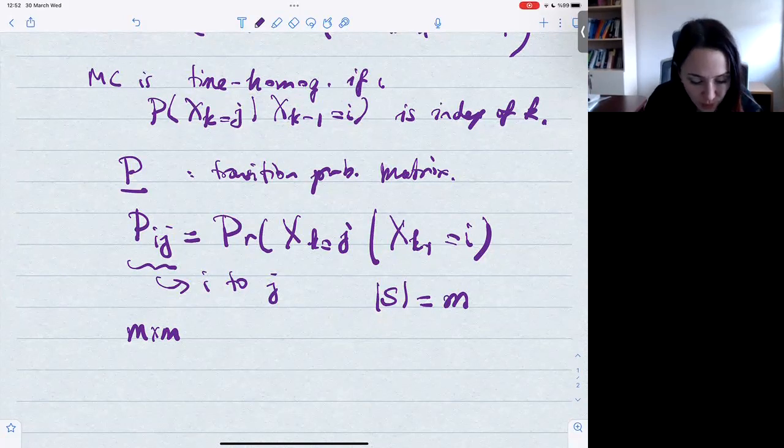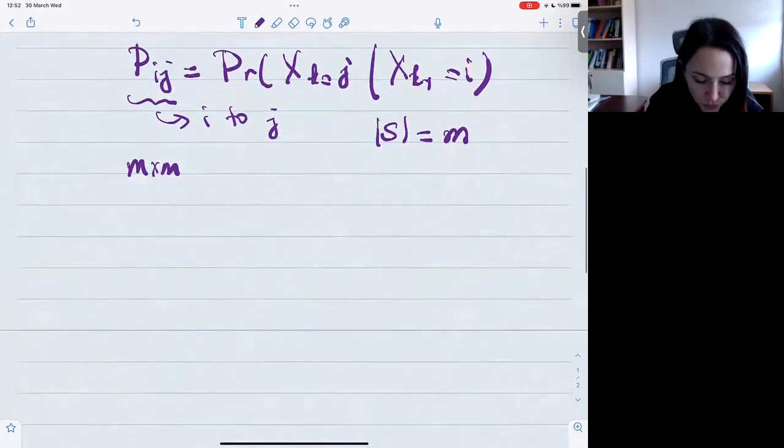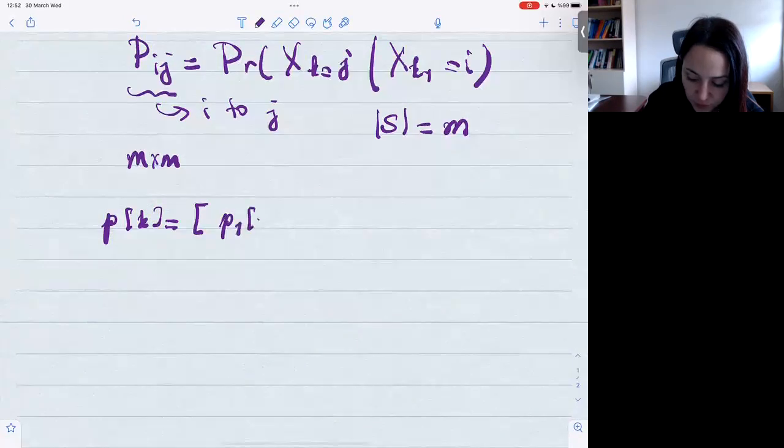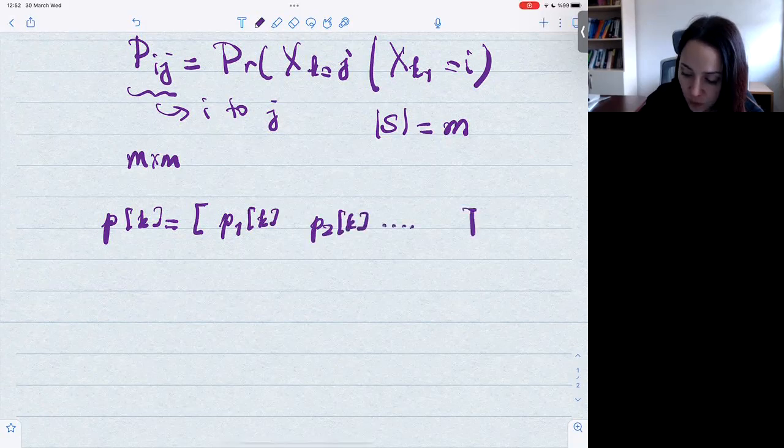Okay. Now, all right. So we'll now think about the vector P of k, which is the vector P_1 of k. Now, in the rest, without loss of generality, we will map the elements of the state space to positive integers.